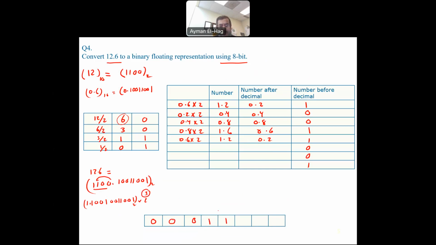So here is your exponent. And then finally, the last 3 digits will be for the mantissa. You ignore the leading 1 because it is always there, and you count 3 numbers, 1, 2, 3. So you will take these 3 numbers, 1, 0, 0. So that is the binary floating representation using an 8-bit representation.